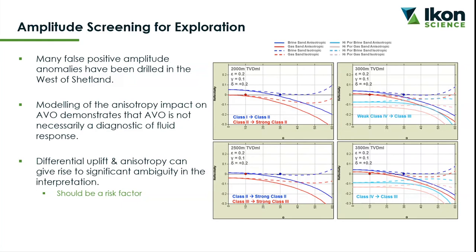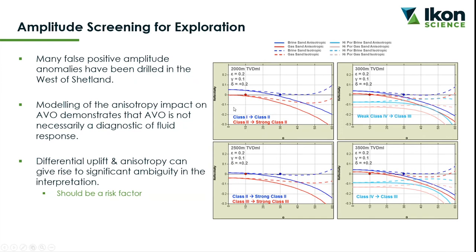If we don't factor uplift into our interpretation strategy for this region, and we're looking at a 2,000 meter burial depth prospect, and we ignore uplift, and we see a class 2 AVO response, the likelihood is we interpret that as a gas-bearing response.